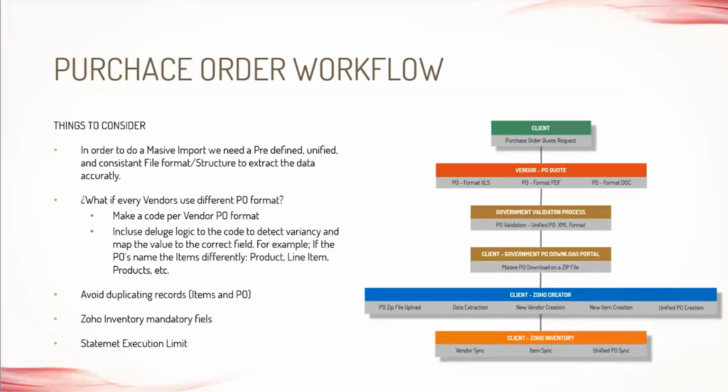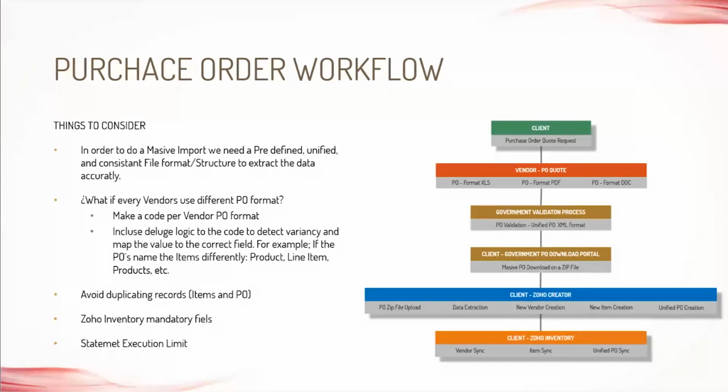Okay. So what do we do if we don't have a unified format of purchase orders? We have two options. The first option would be to have a unified file that I'm going to show you how in Mexico this works. But if we don't, we will have to make a function to extract the data from each of these purchase order files.